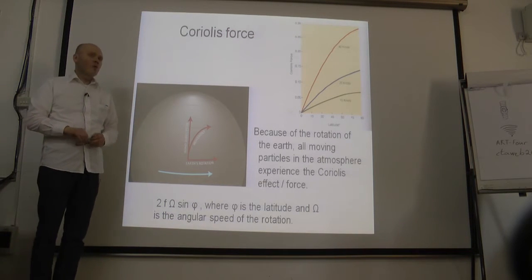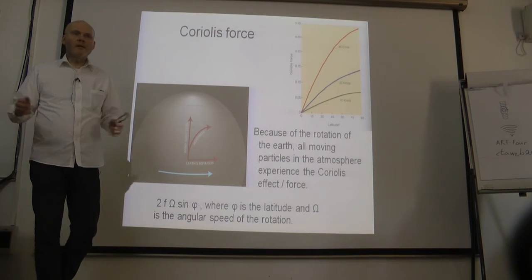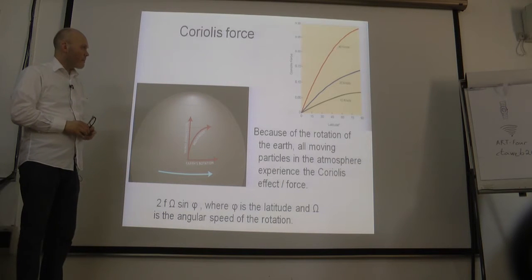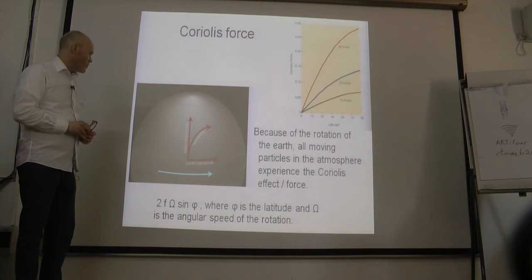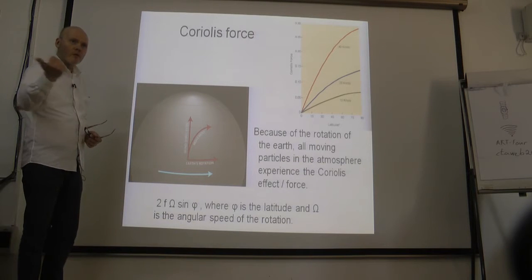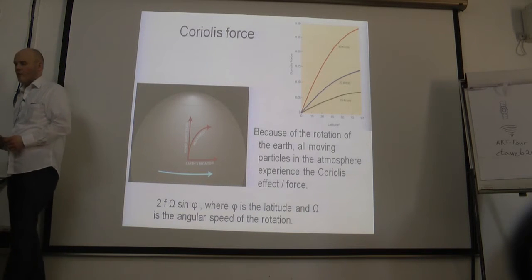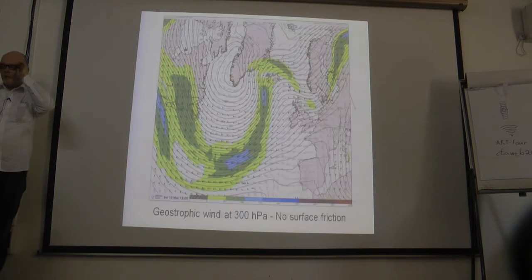And we have all sorts of stories to try to explain the Coriolis force, but most of these stories have some drawbacks. They are not entirely physically correct, so I will not tell these stories, but we just think of the Coriolis force as a force pulling us to the right or to the left as a function of latitude and wind speed.